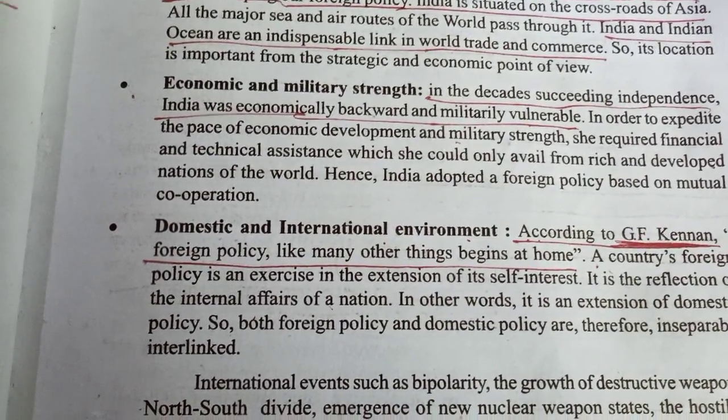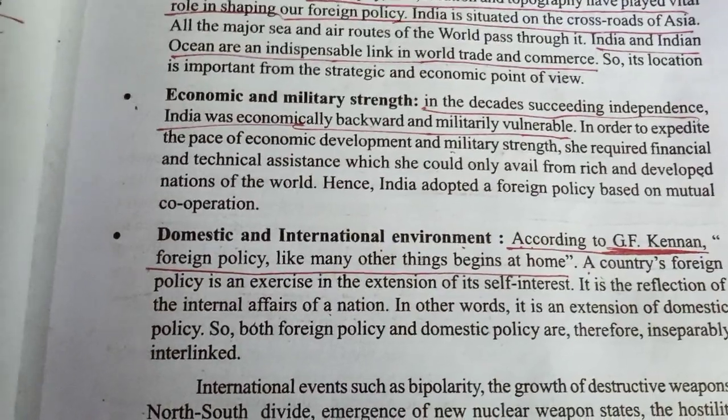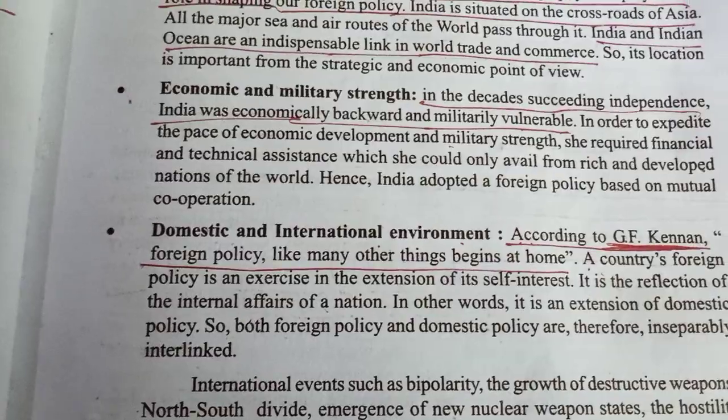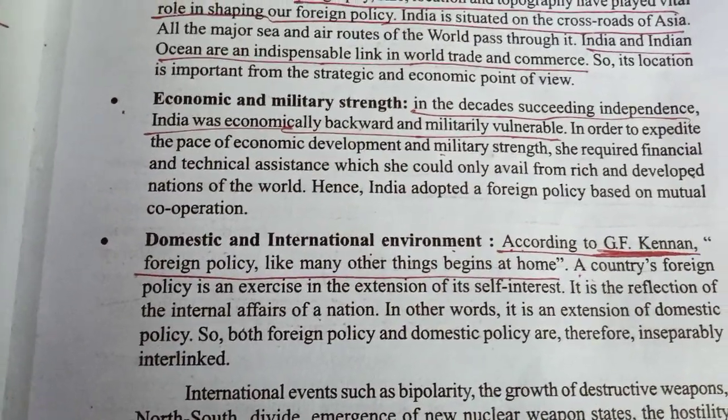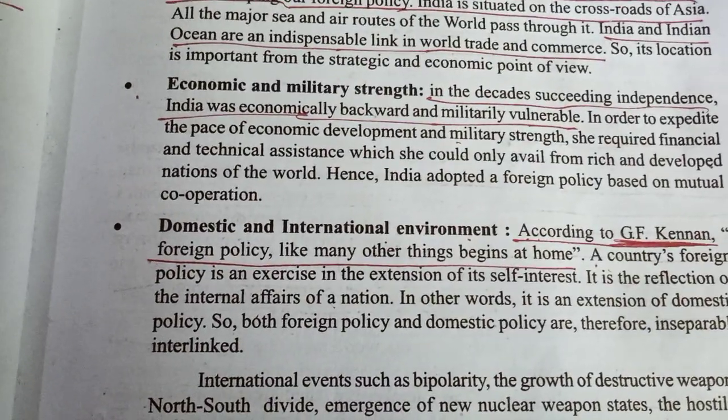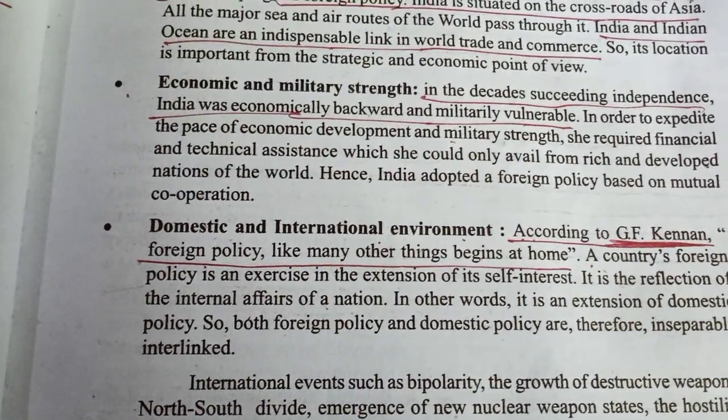That is also a determinant of foreign policy, because we have to be economically strong and militarily strong. Now we are in a very good position in military strength.